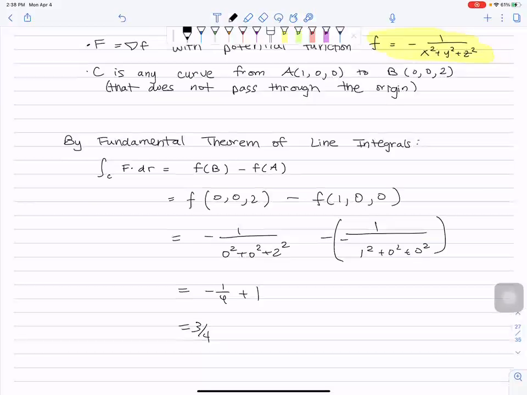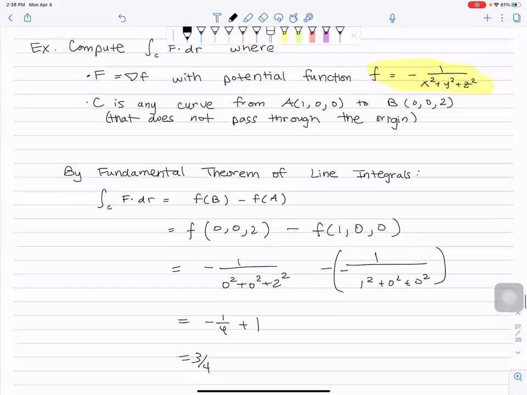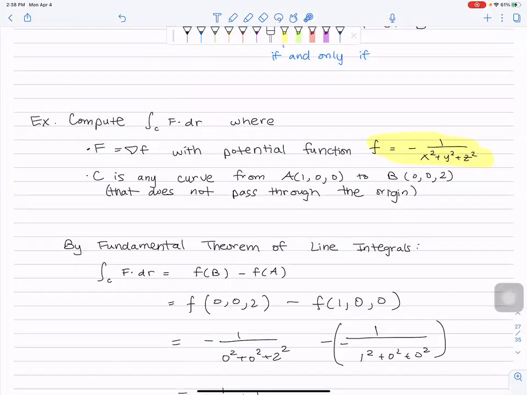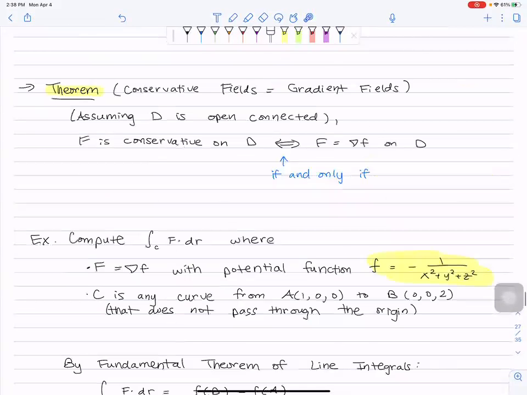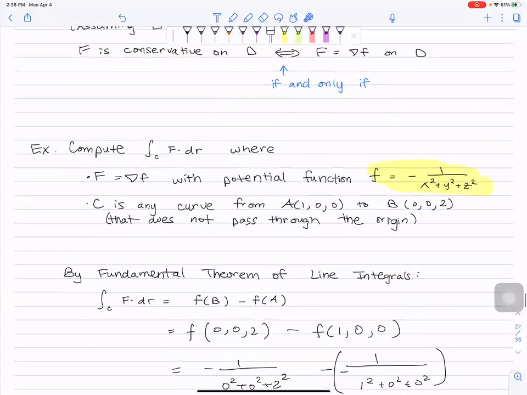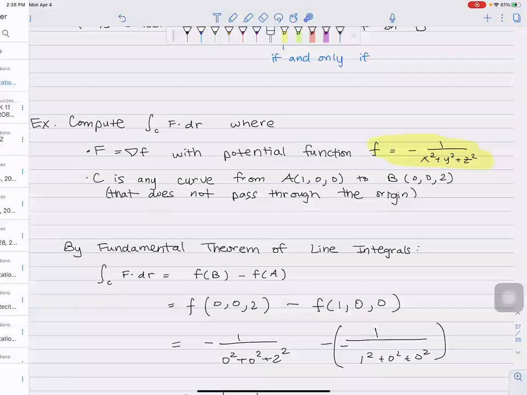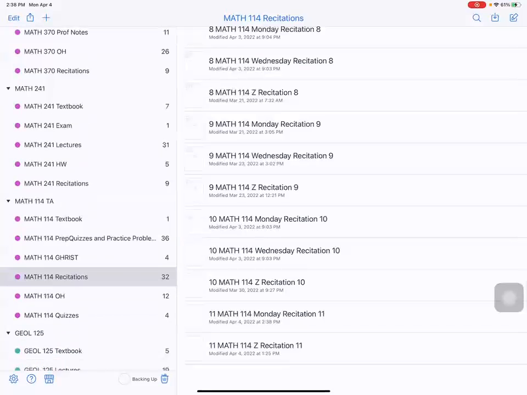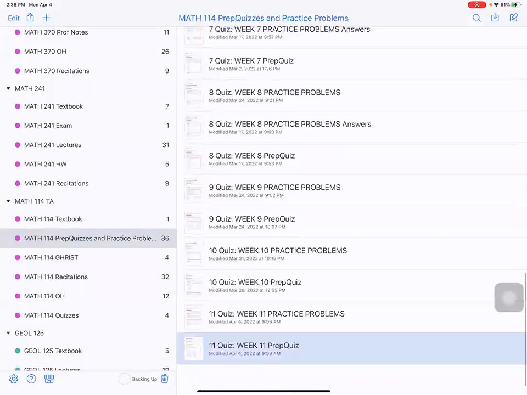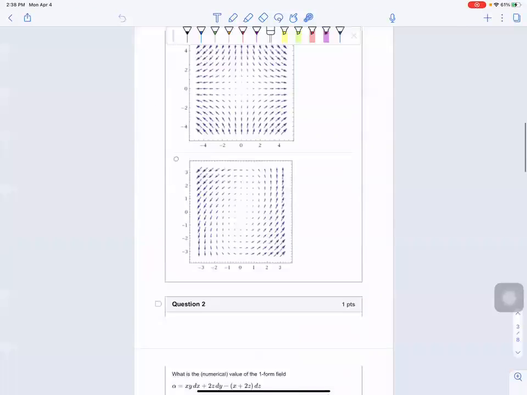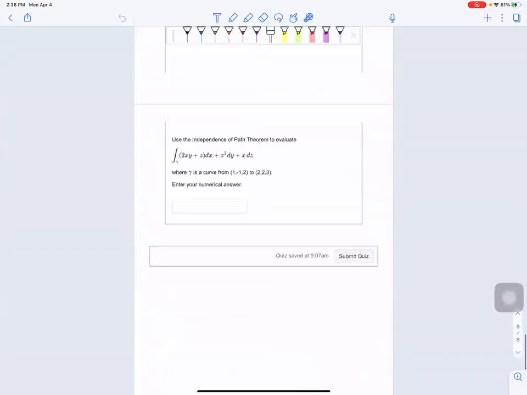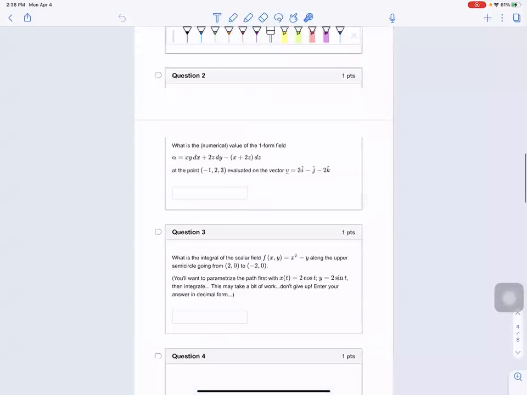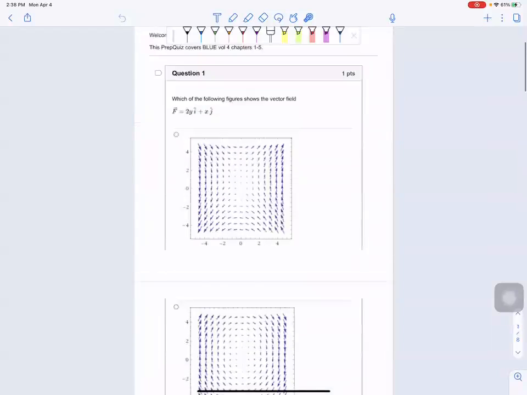Yes, what is? So it has to do with the tangent line, or the tangent. I believe there's a prep quiz question on it. Let's see. Actually, it's not on here.